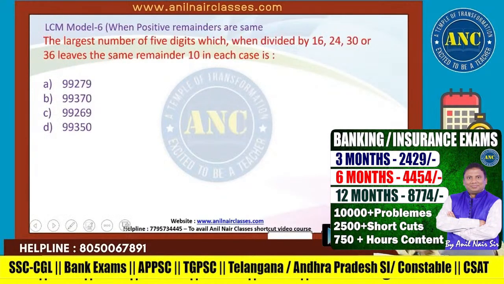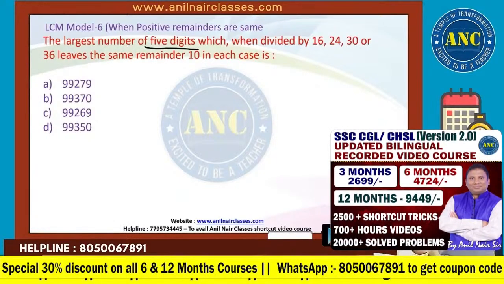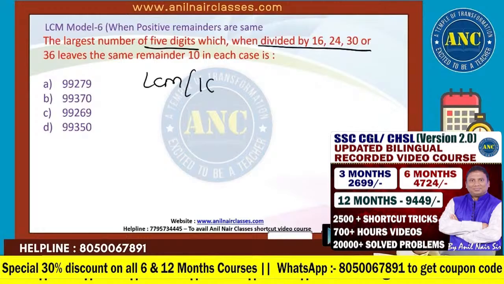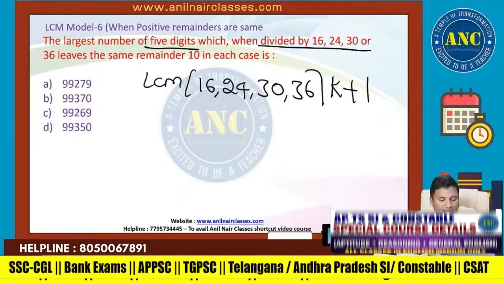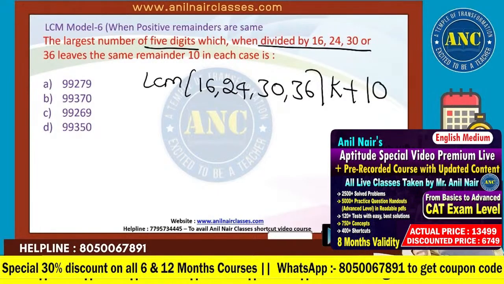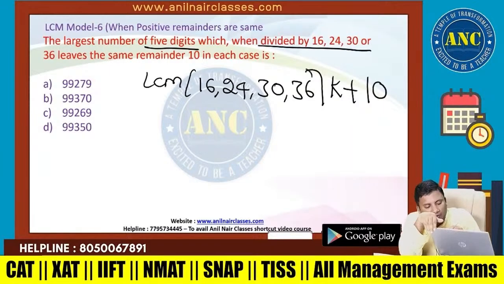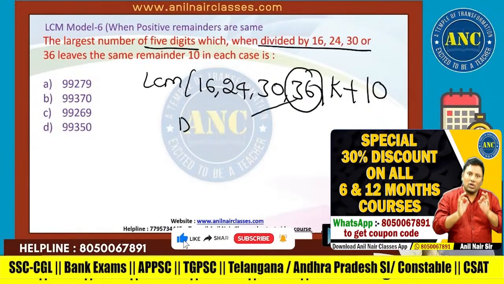The largest number of 5 digits which, when divided by LCM of 16, 24, 30, 36, gives a remainder 10. Now see here, 36 digital sum is 9.